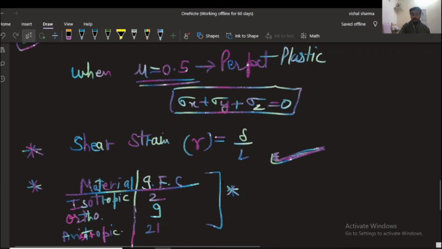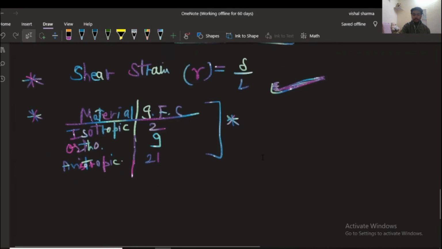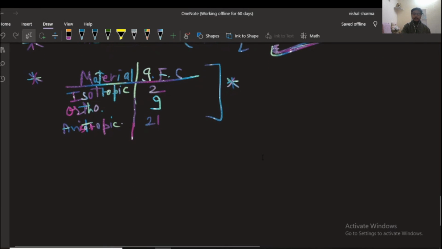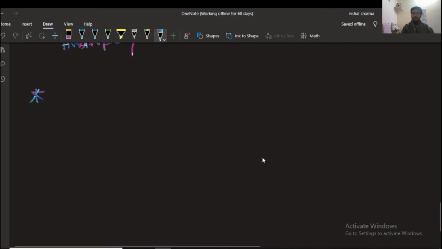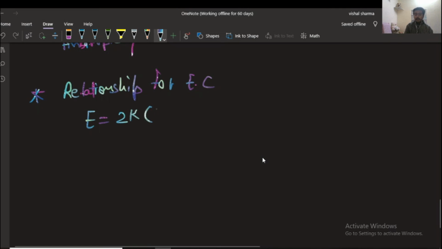Now we take the relation between the elastic constants: Young's modulus of elasticity, the modulus of rigidity, and mu. These are the 3 very important formulas to find the relation, and if any two values are given, you can put the values in the formula and find the value of the other one. The first one is E equals 2G(1 plus mu).